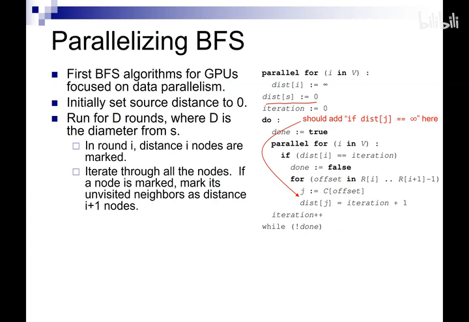You iterate through all of the nodes, and if the node has been marked, that means it's already been visited, and now you mark its unvisited neighbors as having distance I plus 1.